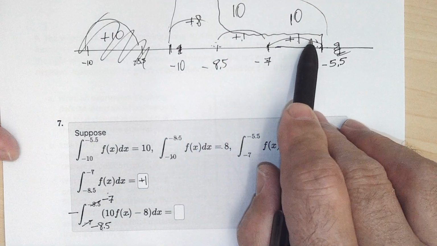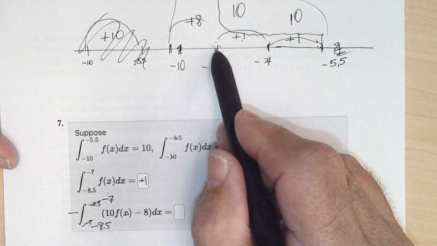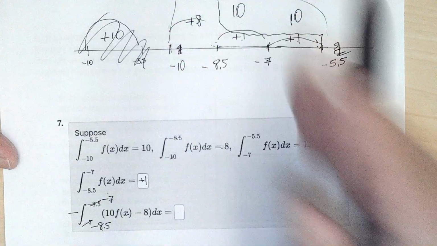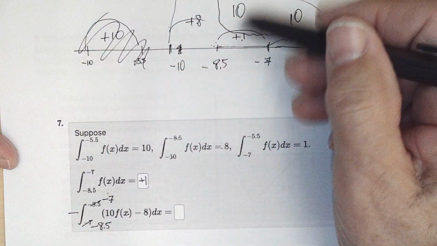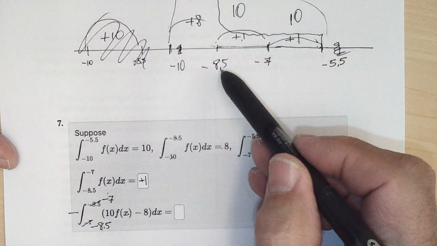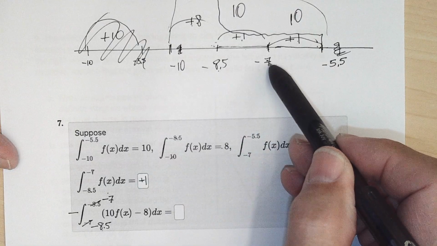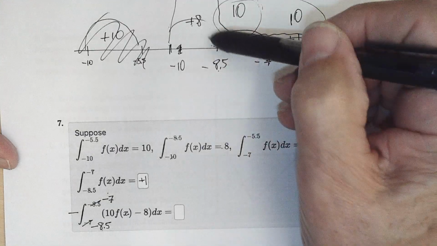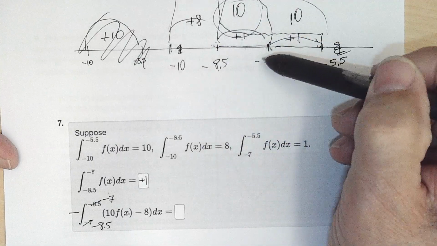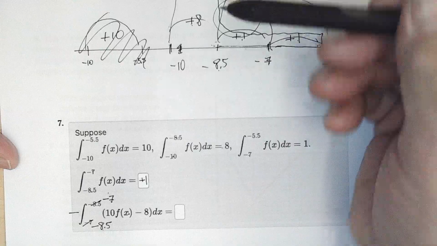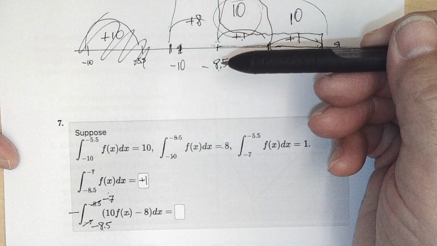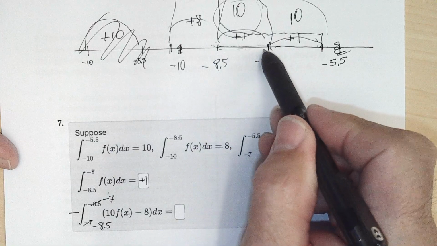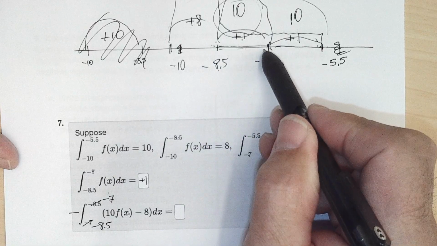And then if I subtract 8, I got to move the whole thing down 8. So I'm trying to do from minus 8.5 to 7, which right now has an area of 10, but I'm dropping the curve down 8 on a width of 1.5.